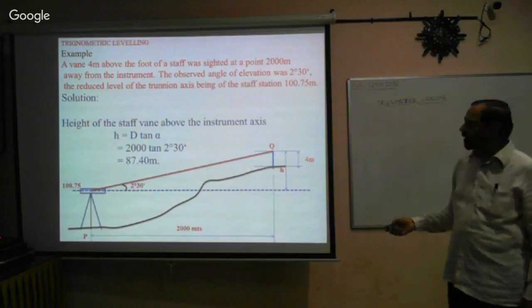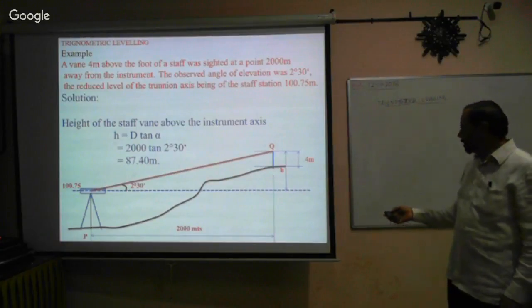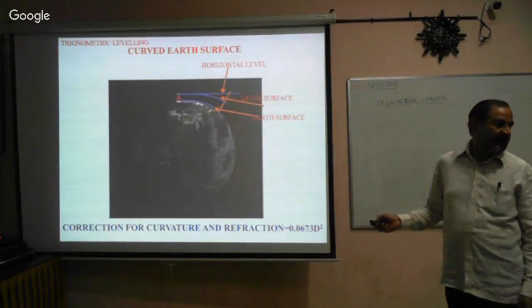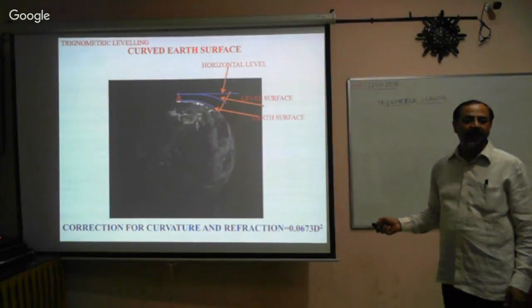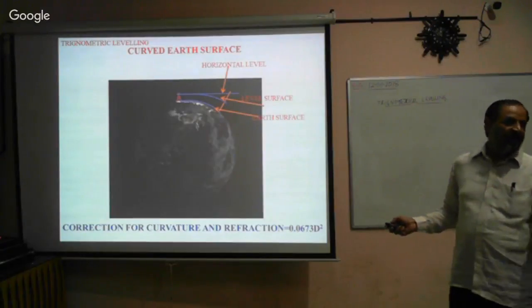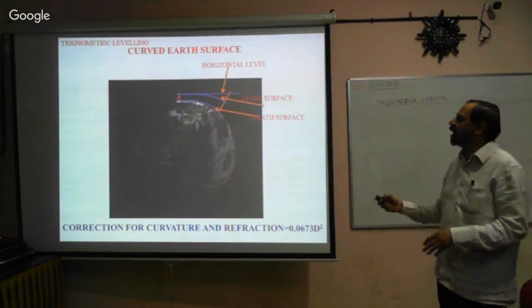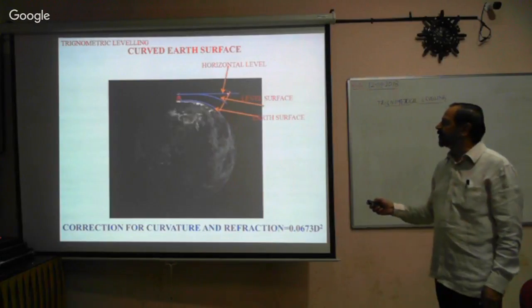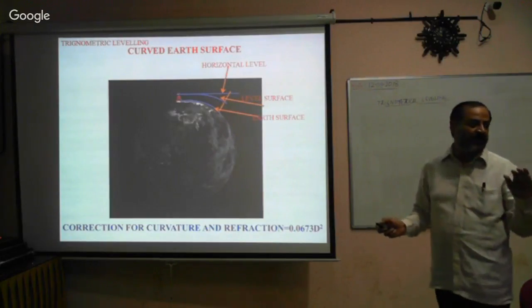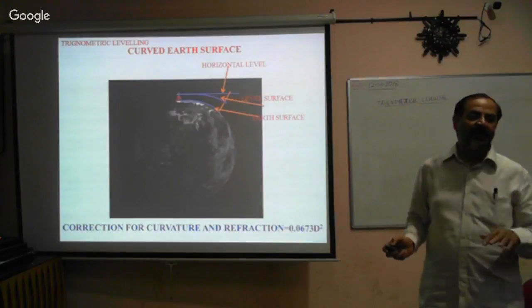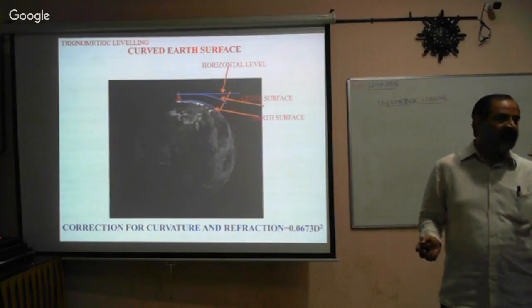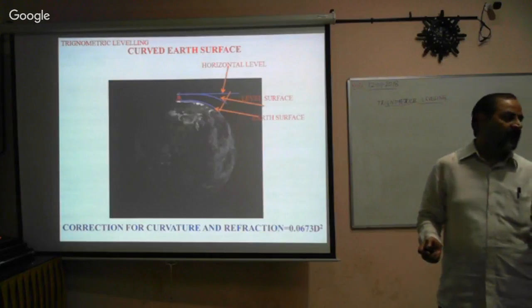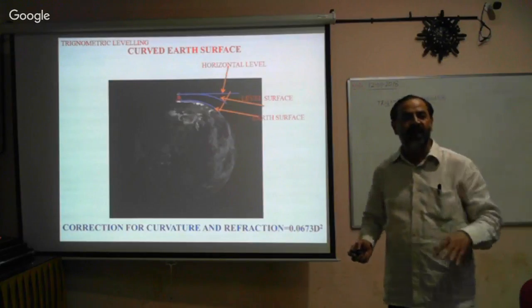Simple problem, isn't it? And in the previous class I explained the effect of curvature and refraction, isn't it? This is the curvature and refraction effect. This has to be deducted from the staff reading, or the error should be added to the RL. With either of the two, we can apply it.